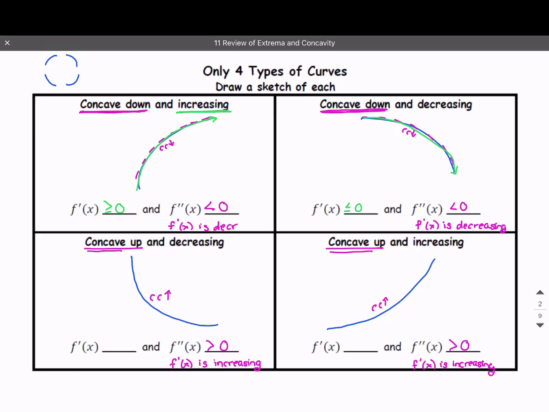Here in the third case, we also have our function decreasing, which means our derivative is less than or equal to 0. And again, in the fourth case, we have our function increasing, which means our derivative is greater than or equal to 0. Okay? Those are the only 4 types of curves in existence.